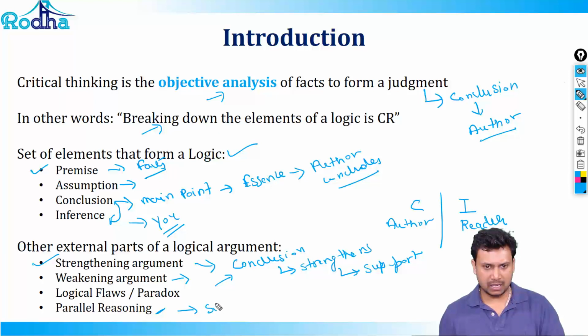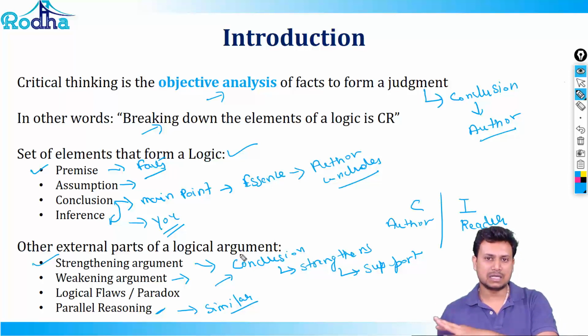So you apply a set of reasoning applicable to one perspective and apply that same reasoning in some other sense. That's when it becomes parallel reasoning. Again, as we go on, we'll see more questions around this. I hope this gave you a good understanding of what critical thinking and critical reasoning from an element perspective is all about. Let's move ahead.